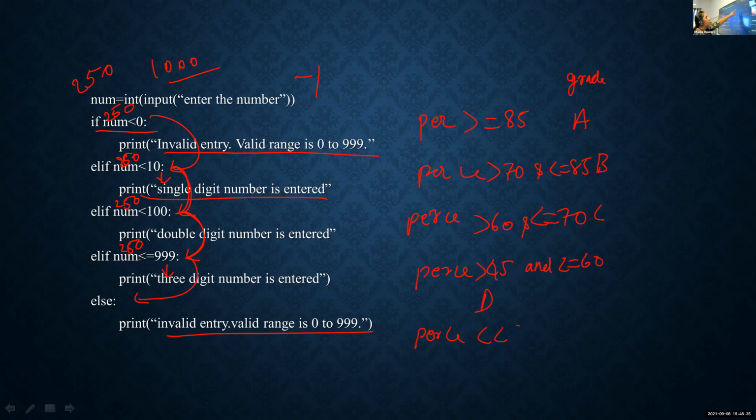First you want to enter the percentage, and in the first condition you want to check if percentage is greater than or equal to 85, then you just put A. Elif percentage greater than 70 and percentage less than or equal to 85. You want to again give this percentage here. For writing a Python program, you want to write this percentage variable name two times.